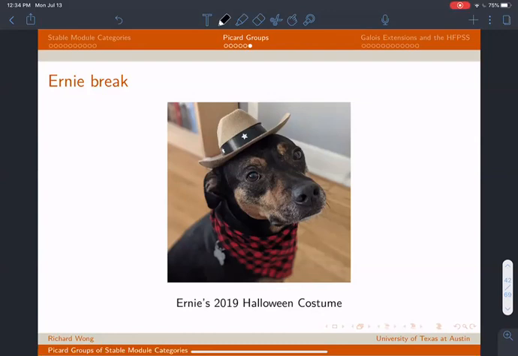Okay, so now that we have Picard groups and the stable module category talked about, we can now move on to computational tools, namely the homotopy fixed point spectral sequence.